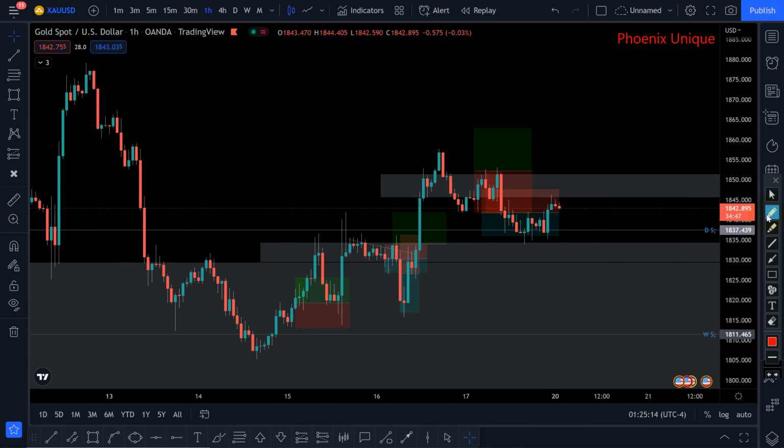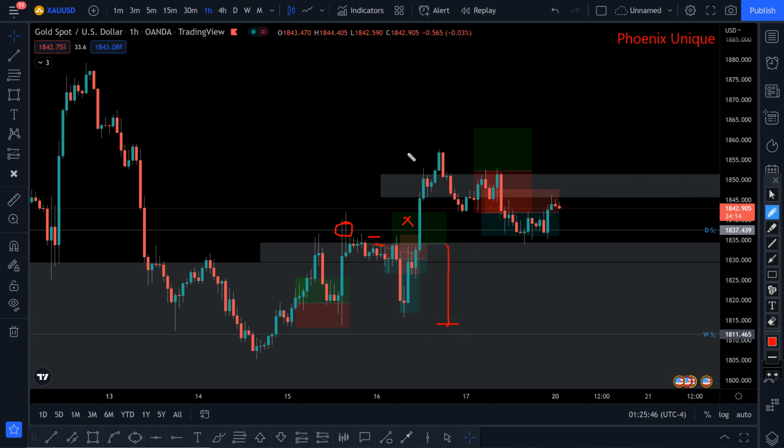If you don't understand this, watch the videos for Friday, Thursday, Wednesday to understand why I was against taking buys below this horizontal area, this white horizontal line. If we had taken buys, let's say here or here, it would have hit stop loss, unless you want to keep your stop loss here, which would be too large.